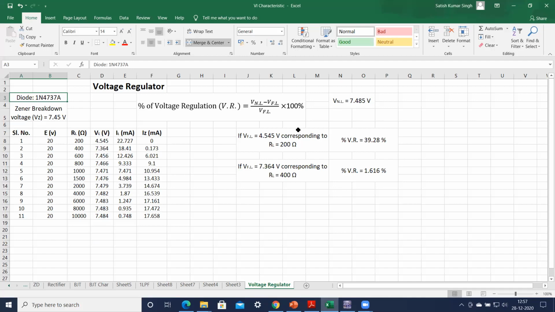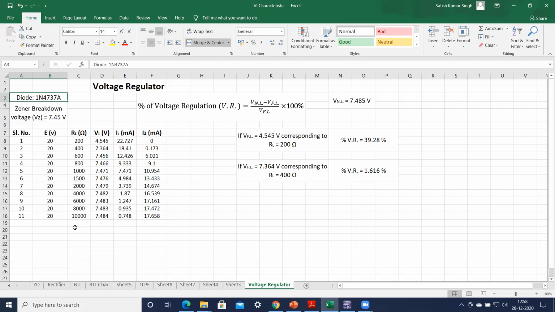Now when we want to calculate the voltage corresponding to full load, we have to understand something here. Sometimes students get confused that the full load condition is when RL is maximum, but this is not true. The full load condition is when the circuit is drawing the maximum current.